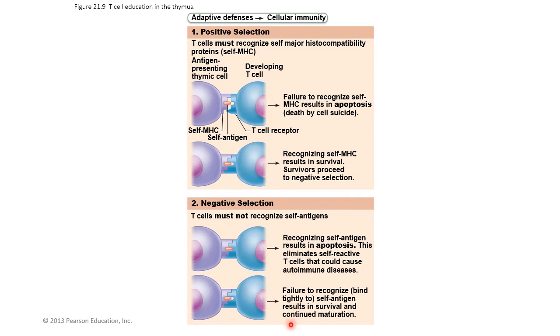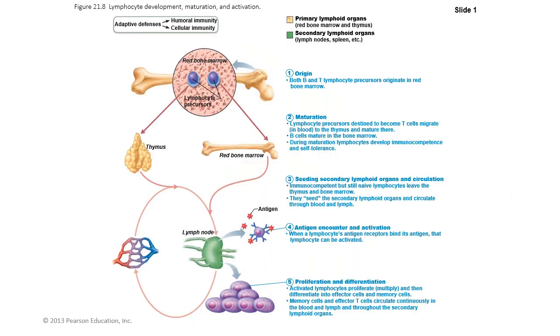So if it binds too tightly to the self-antigen, it has to be able to recognize that, and there has to be a little space here so it can continue the maturation. So it has to be able to recognize that self-antigen, not become aggressive towards it, but to be able to recognize when there's something foreign that's in this pocket. Because you're going to see that these cells can ingest viruses and be able to put a little piece in here that'll be recognized by the T cell that will destroy any cell that has some type of infection, like a viral infection. So very, very important process.